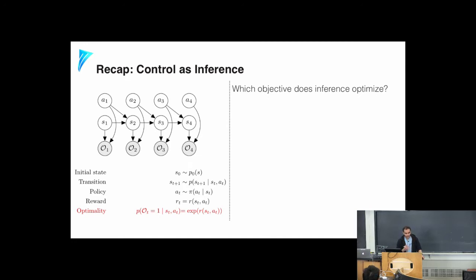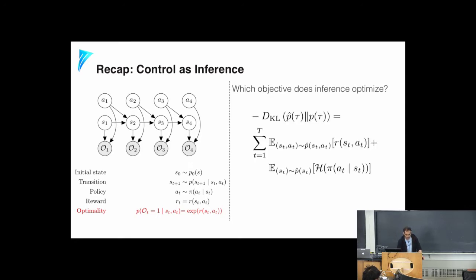Okay. Then we ask the question: this inference-based policy that we derived from the graphical model, does it optimize some sort of objective or does it not? As it turned out, it optimizes this Kullback-Leibler divergence between the probability over trajectories induced by the policy and the probability of optimal trajectories, right?